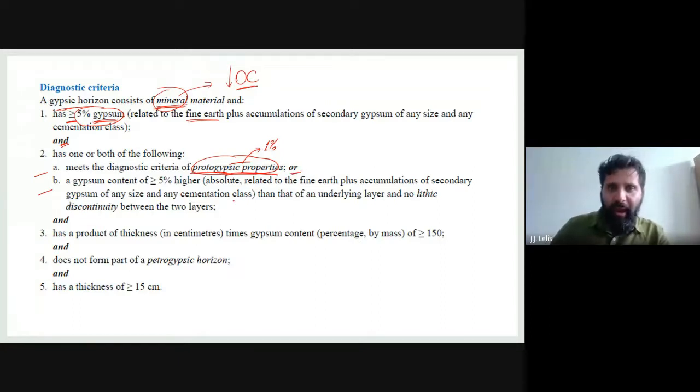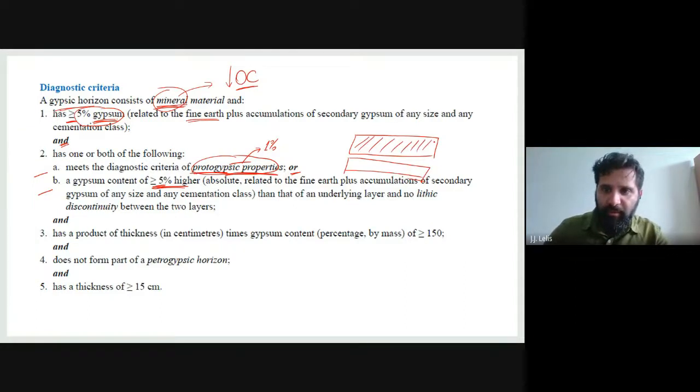Or we have to find at least 5% or higher content of gypsum in the horizon when we compare with the material below. So this gypsic horizon should present at least 5% more gypsum than the C horizon, or the horizon below, okay? So we need to present a higher concentration, at least 5% of gypsum here, calcium sulfate.